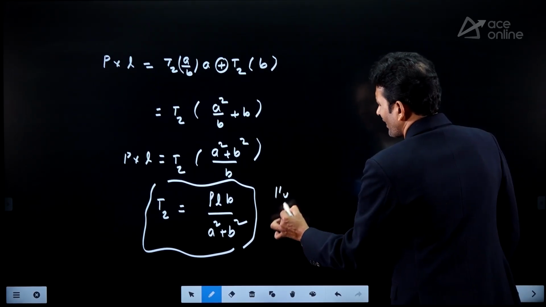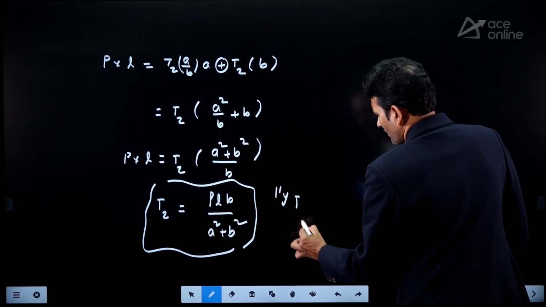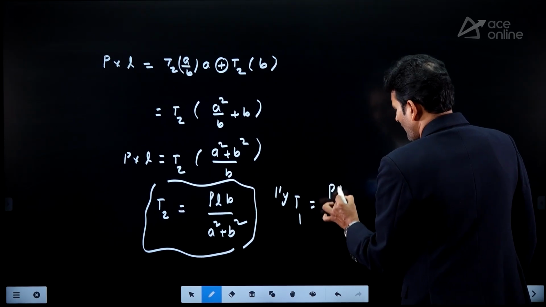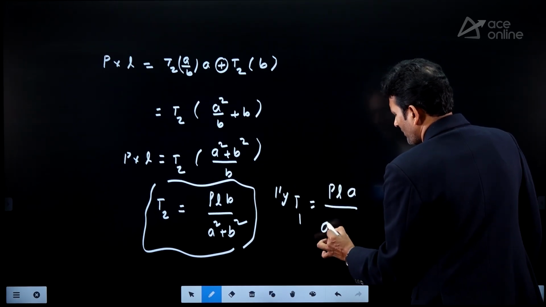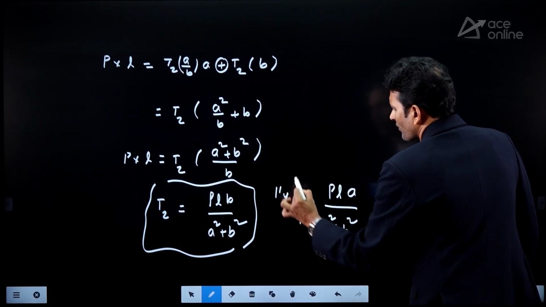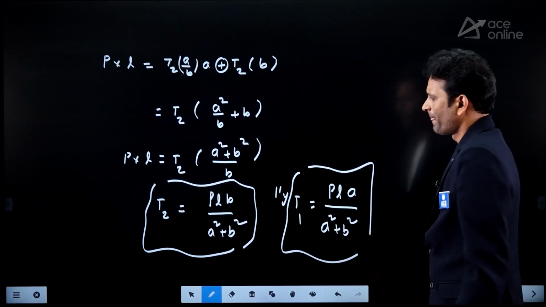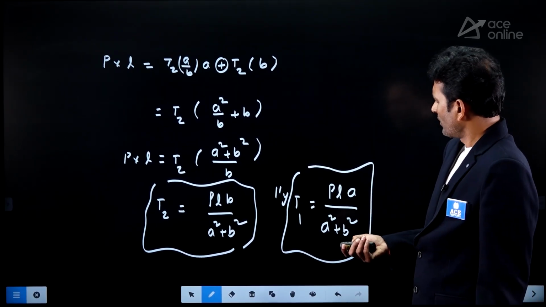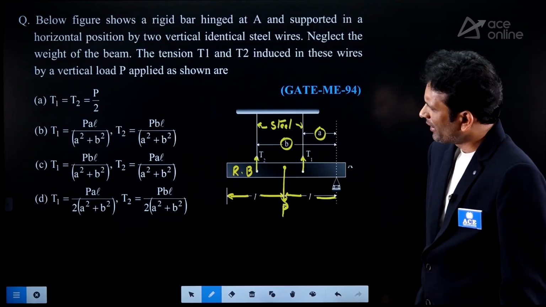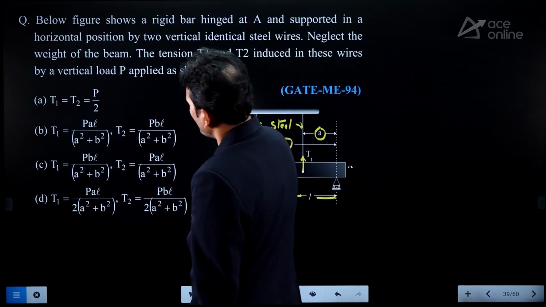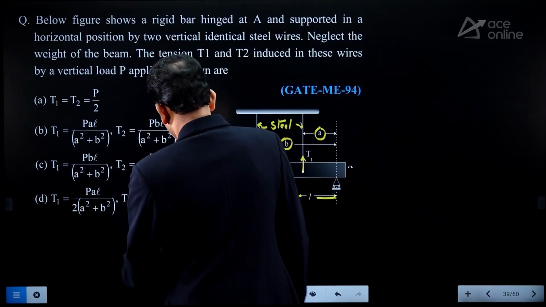Similarly, if I do this, I can find out T1. T1 equals PL, in place of B we have A, divided by A square plus B square. This is the T1 value. See this one, T1 equals PLA divided by A square? This is absolutely wrong.